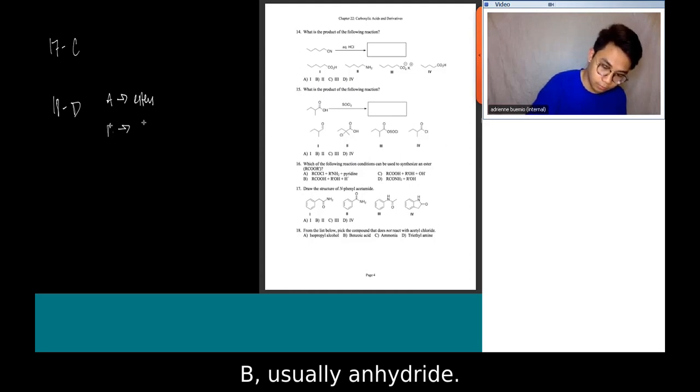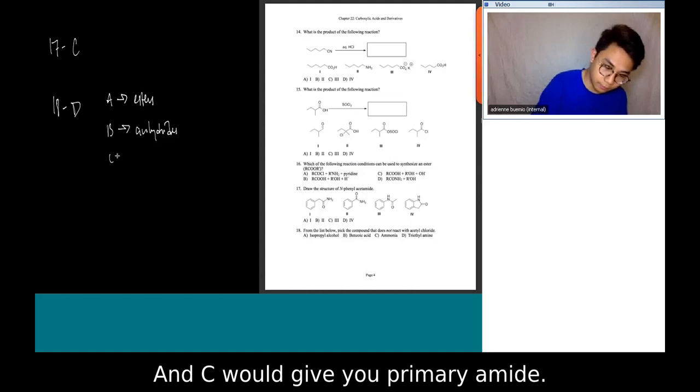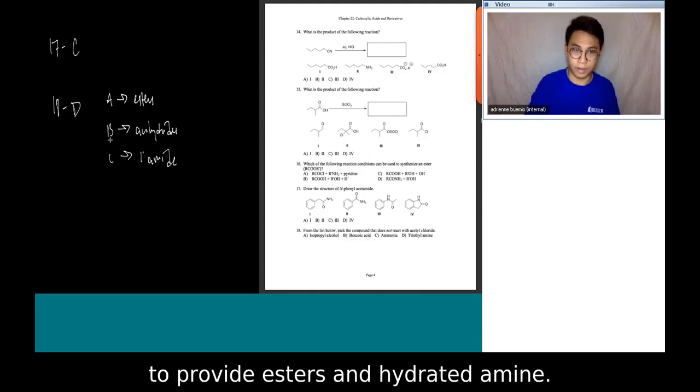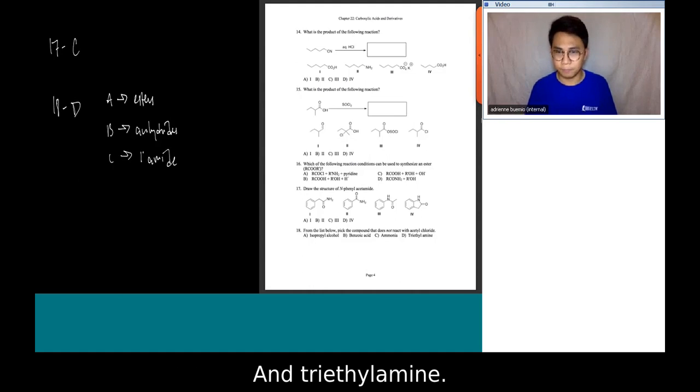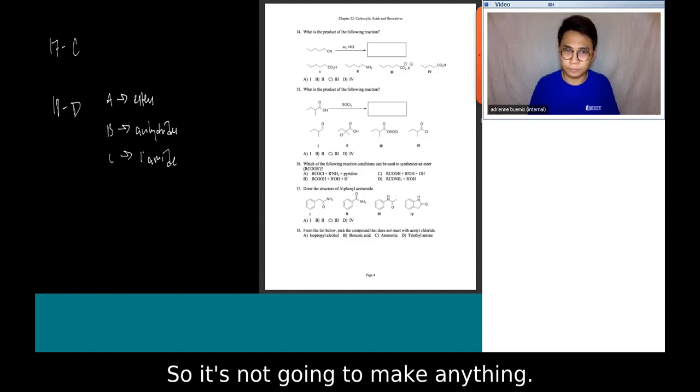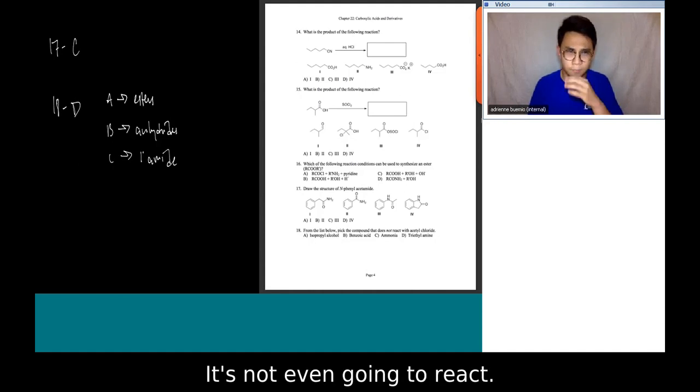B gives you anhydride, and C will give you primary amide. So acetyl chloride can react with A, B, and C to provide esters, anhydride, and amide. And triethylamine does not have hydrogens, right? So it's not going to make anything. It's not even going to react. Okay.